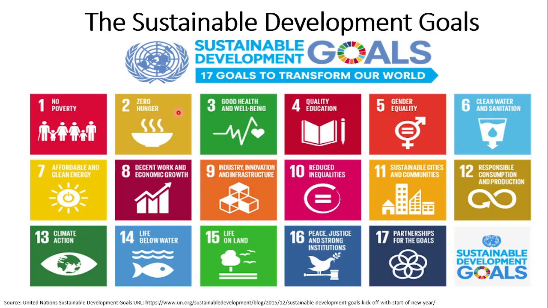Then we have zero hunger, good health and well-being, quality education, gender equality, clean water and sanitation, affordable and clean energy, decent work and economic growth, industry, innovation and infrastructure, reduced inequalities. This could be class based, caste based, or gender inequalities, or even rural versus urban.